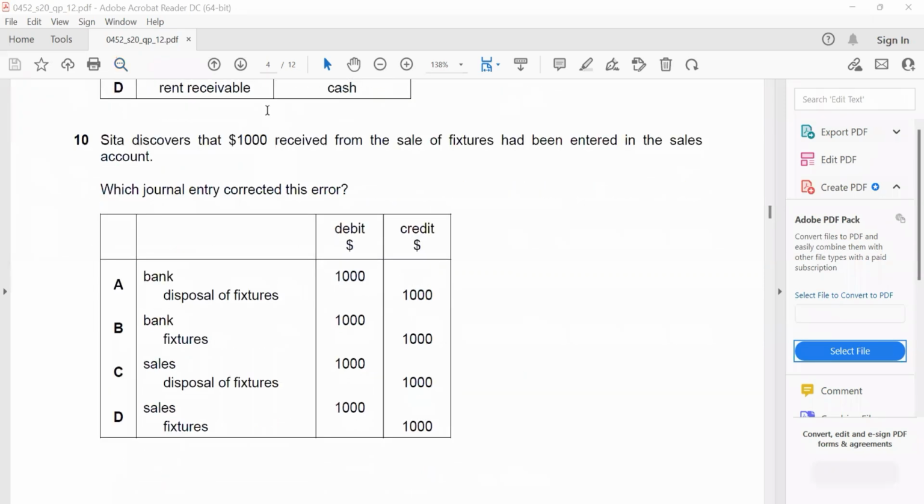Okay, question 10. Sita discovered that 1,000 received from the sale of a picture has been entered in the sales account. This is a non-current asset disposal. So the double entry for disposal, this value should be debit bank, credit disposal account.